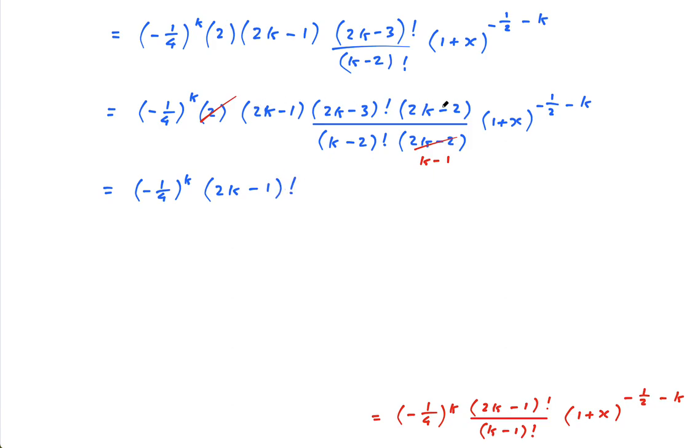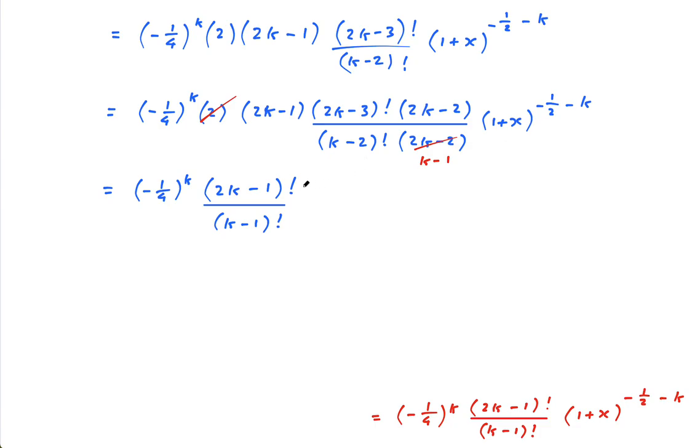Those three there are (2k − 1) factorial. And then the bottom is now (k − 1) factorial, because this is (k − 1) times (k − 2) times (k − 3) times (k − 4), and so on, which I can write as (k − 1) factorial.